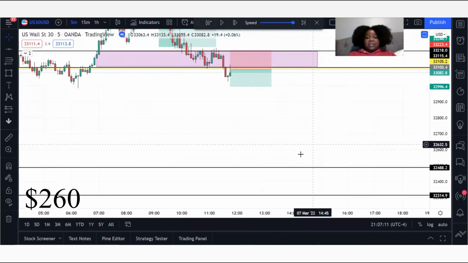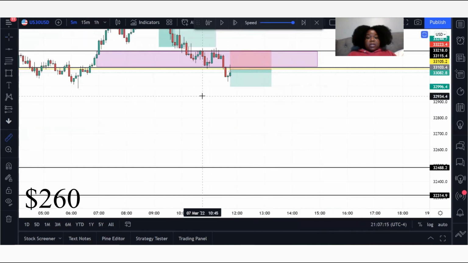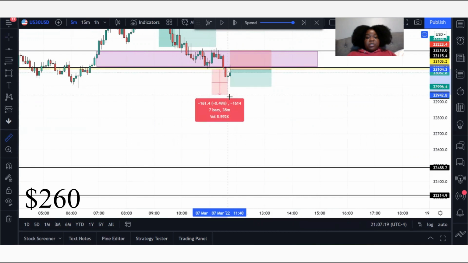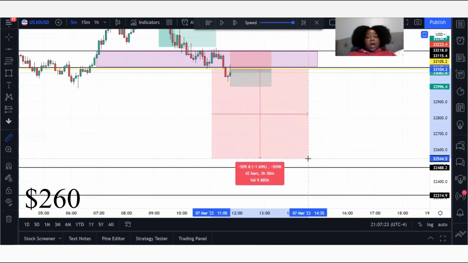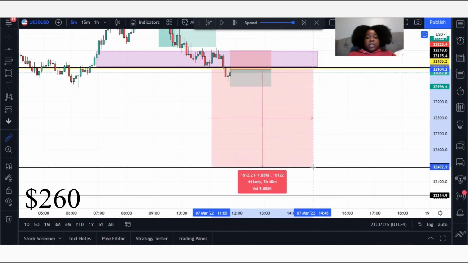Whoa, my last zone is all the way down here. That's a lot. So we could possibly be selling all the way down to here. Guys, that is $600.